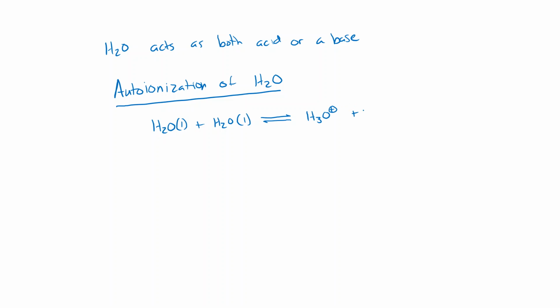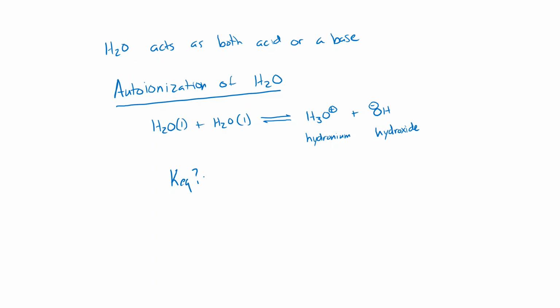And if the other one reacts as a base, it's going to create OH minus. Right? So we're going to create hydronium and hydroxide in the same reaction. And water molecules just do this to each other, right? So they don't really do very much of it, and we'll see that. But what we can do is talk about what is the equilibrium constant for this reaction. What is KEQ for this?